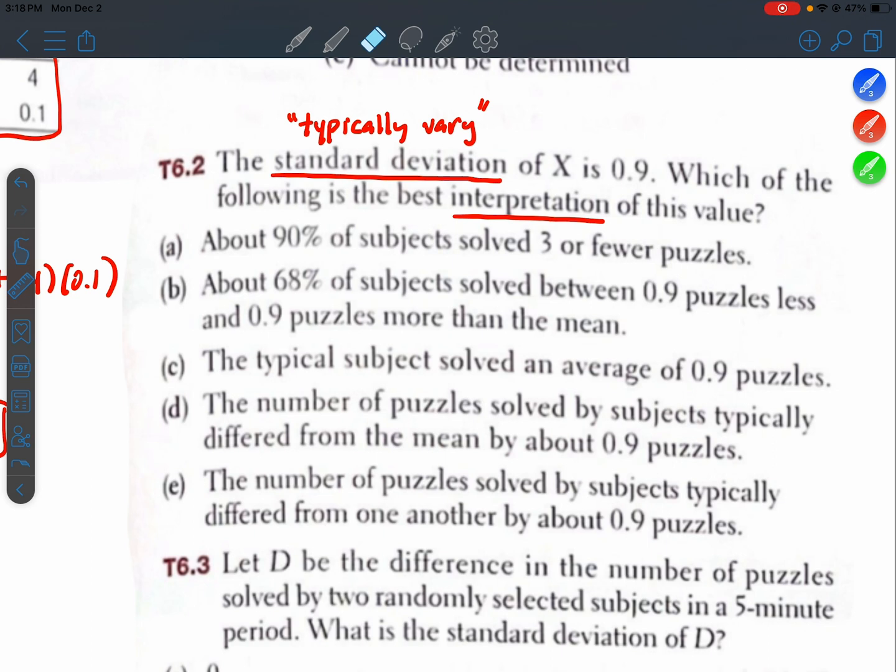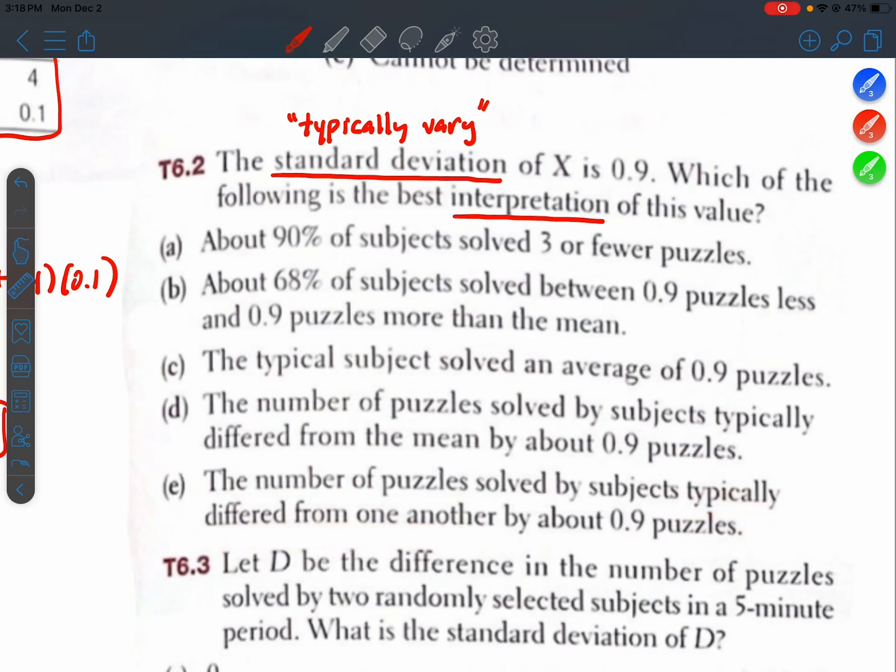Looking at choice A, it does not have that phrase. Choice B does not have that phrase. Choice C says a typical subject, but it doesn't say typically varies. D says typically differed from the mean. And E says typically differed from one another.